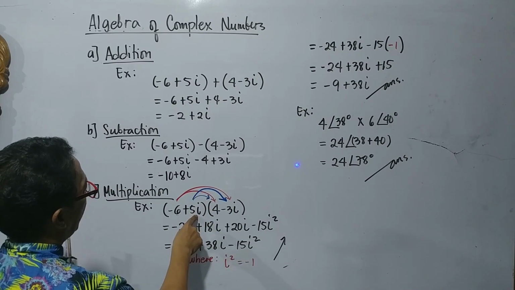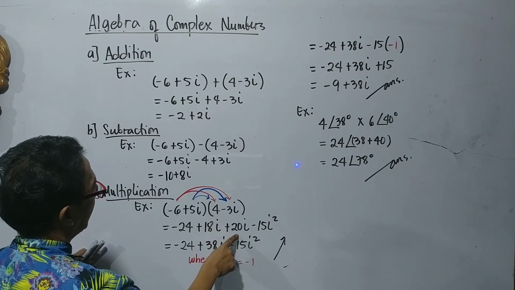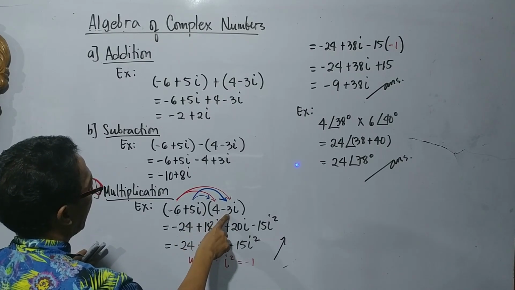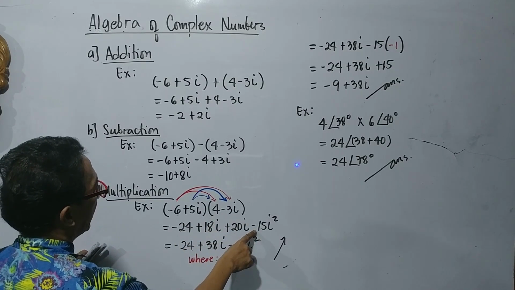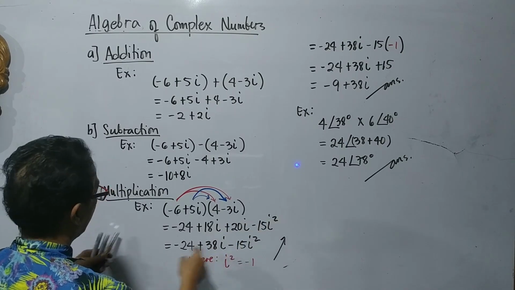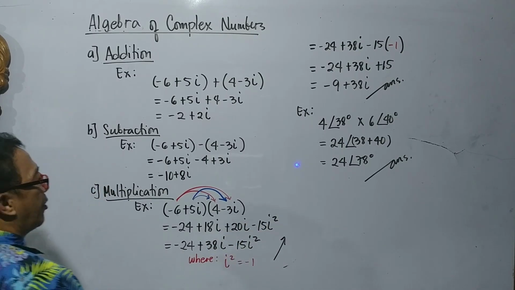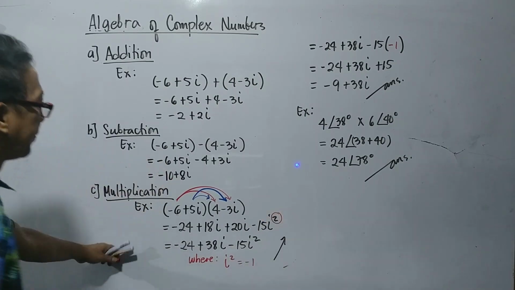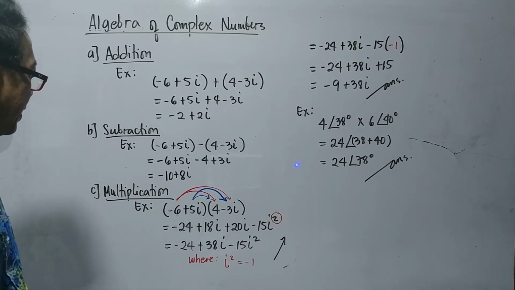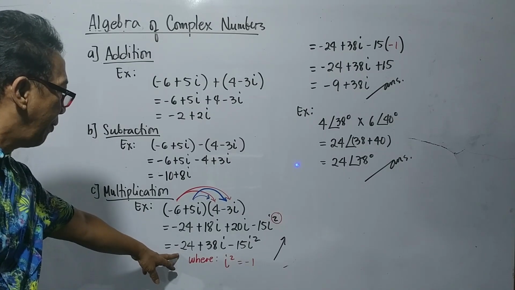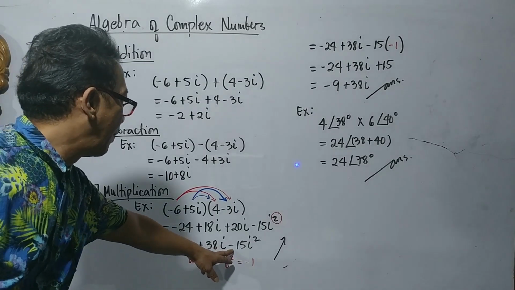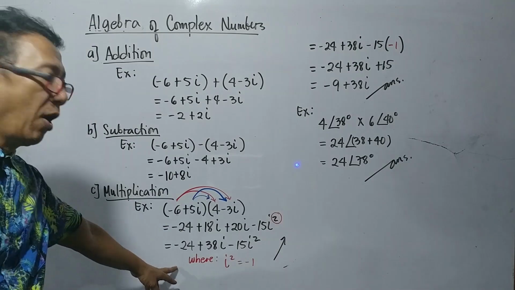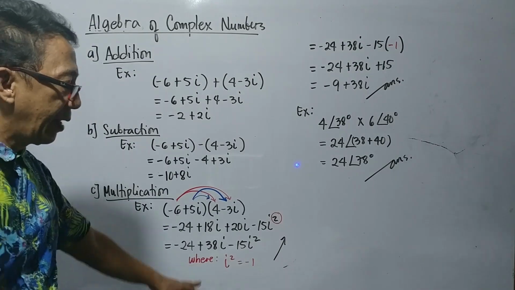So, 5i times 4 equals 20i. 5i times negative 3i becomes negative 15i squared. As you notice, this is now your power. So, simplify, you have now negative 24 plus 38i minus 15i squared, where i squared equals negative 1.